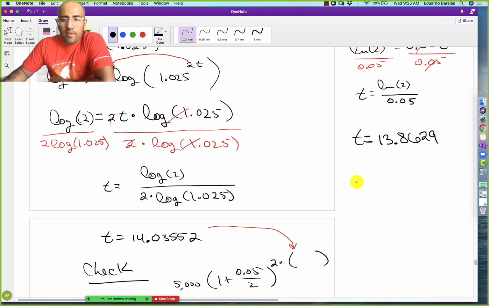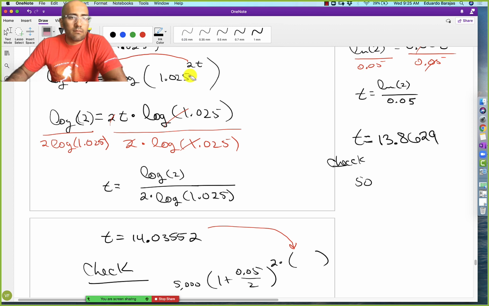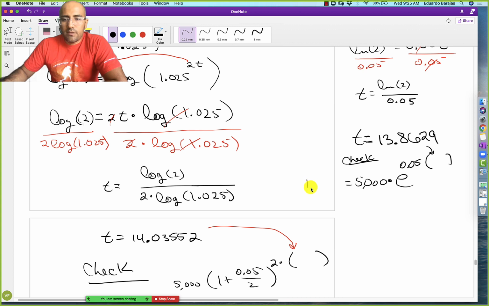Good. And again, we can check it by going back to our description. Check that 5,000, the initial investment, times e to the 0.05 times this number really will be equal to 10,000.